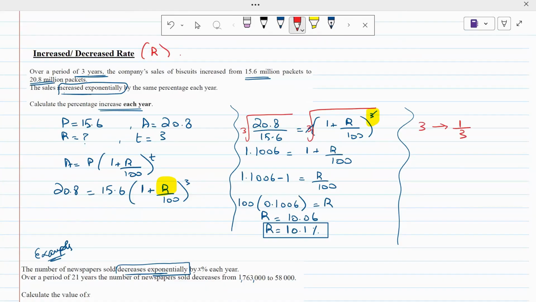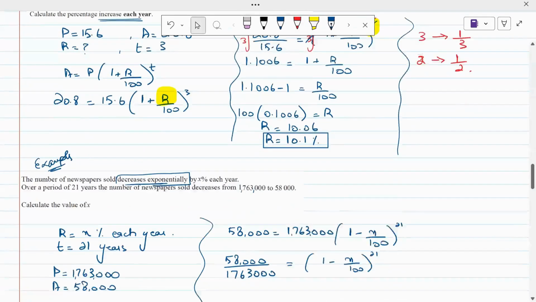Cube root, we know that's power 1 upon 3. Consider the case of square and square root. For power 2 to be finished, you take square root, that is power 1 upon 2. So the bottom line is, whatever power is to be finished, you always take a reciprocal of that power.